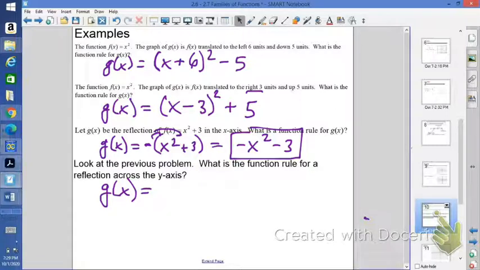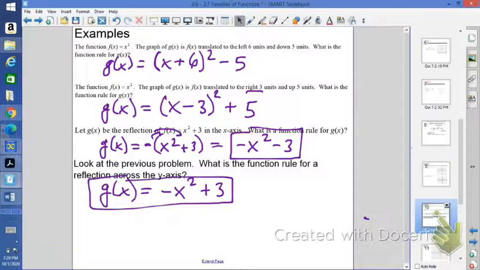Or in other words, substitute negative x in for x here. So I'm going to have negative x squared plus 3. However you want to think about that, just multiply the x by negative 1. Right, so nothing happens to the positive 3.